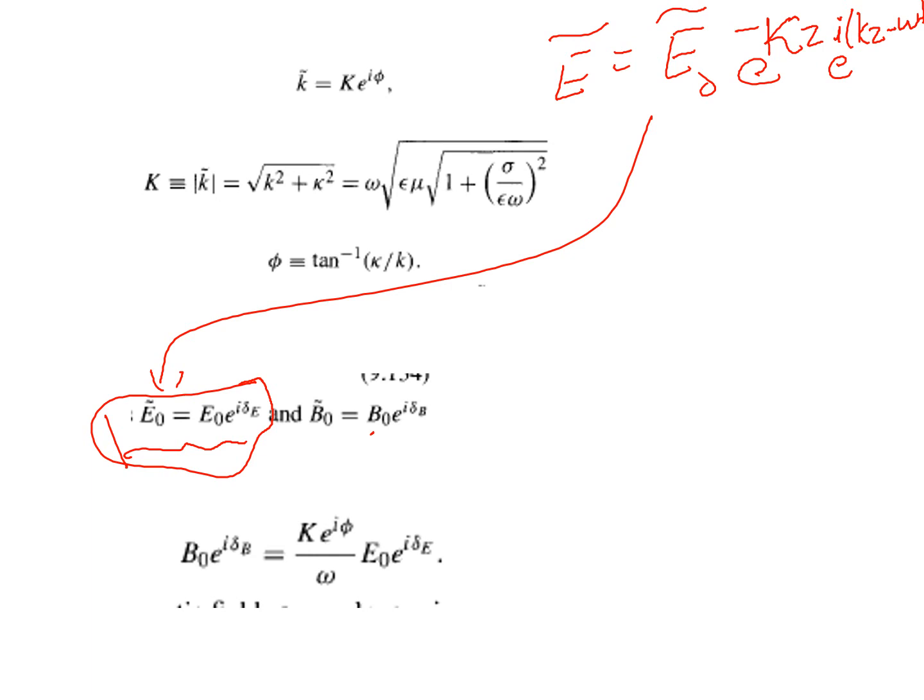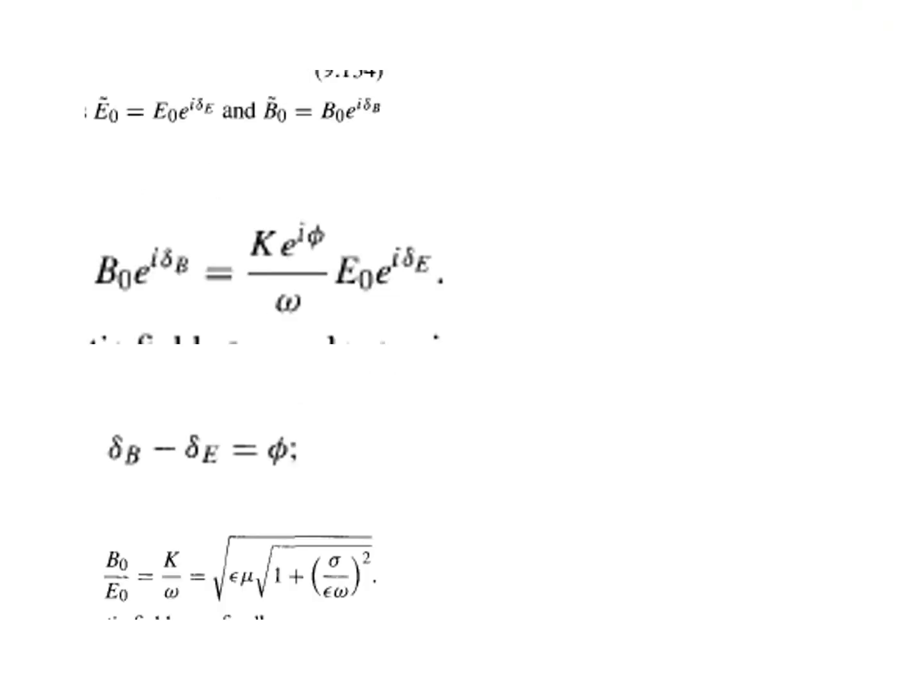and B0 can be replaced by k by omega times E0, because B0 is equal to 1 by v times E0. That's why this k by omega is used, e to the power i phi, then E0 e to the power i delta E. So we got the expression for electric field as well as magnetic field, and this is the complex electric field amplitude and complex magnetic field amplitude.